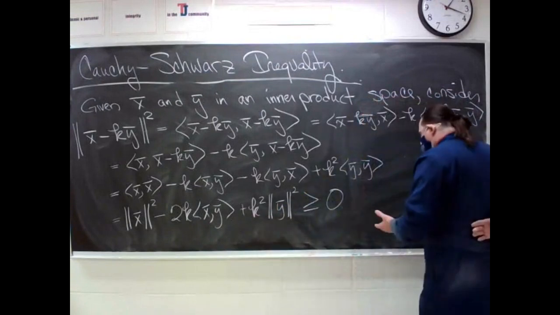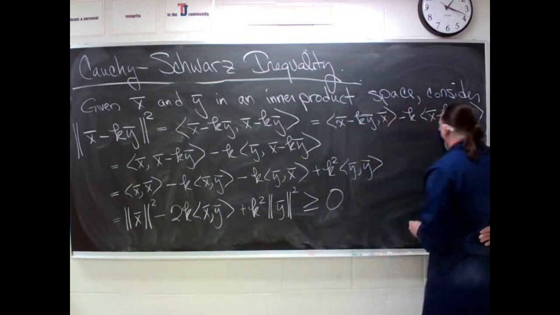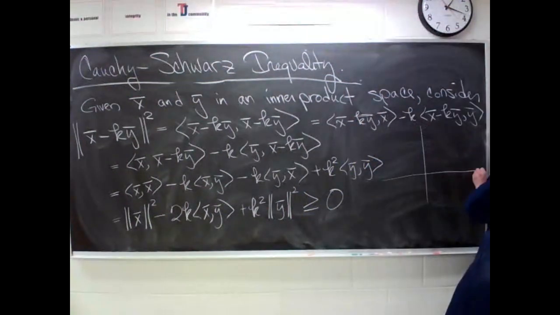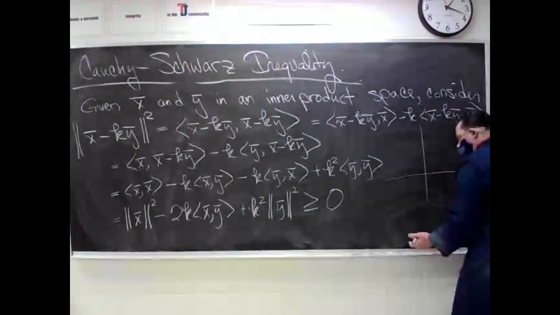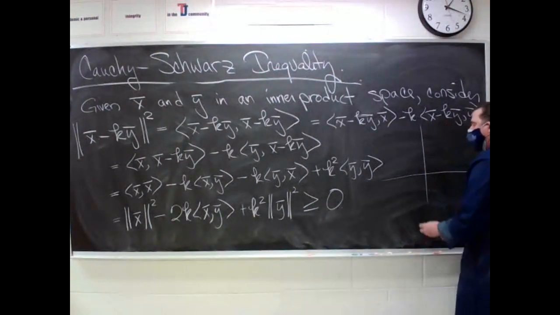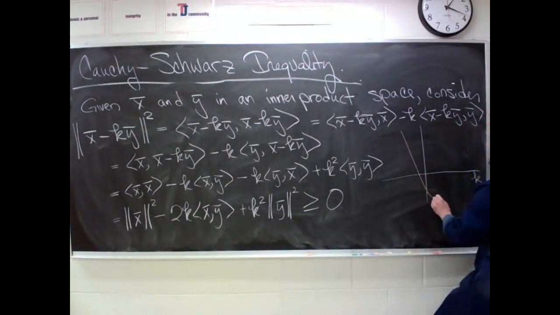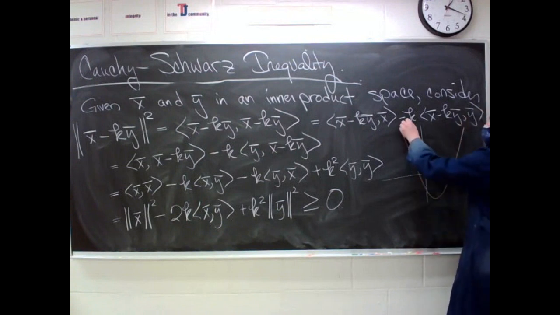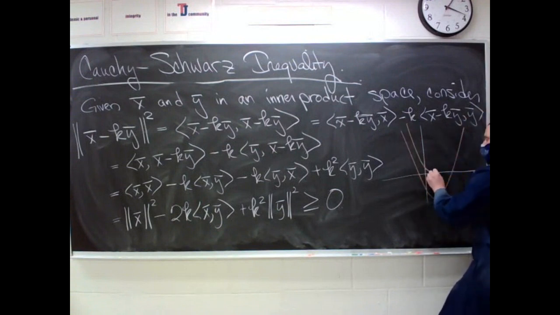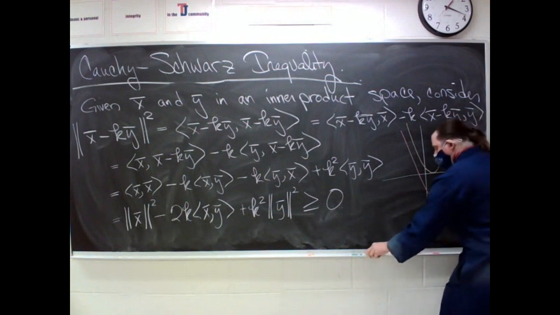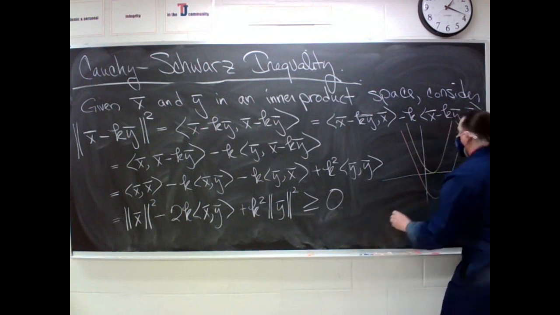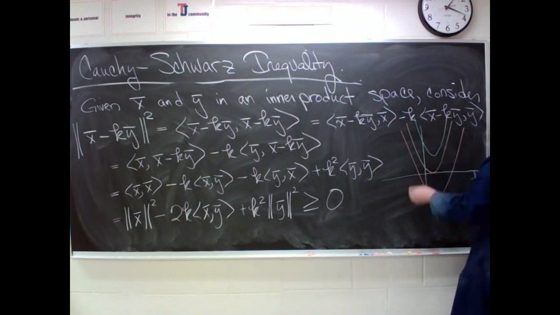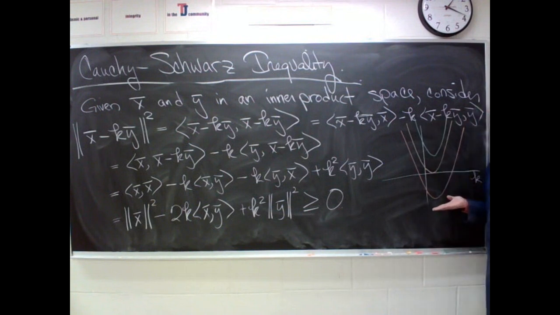All right? So if I was to graph this polynomial as a function of k, it must either look like this, or like this. Right?